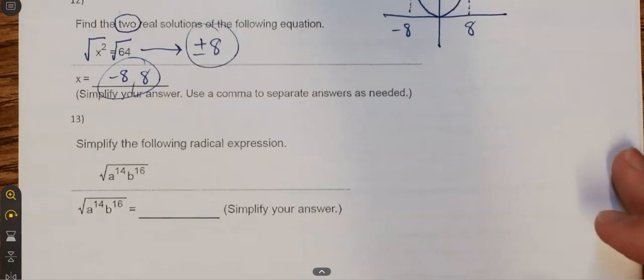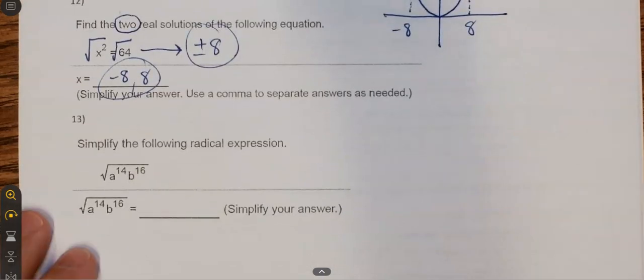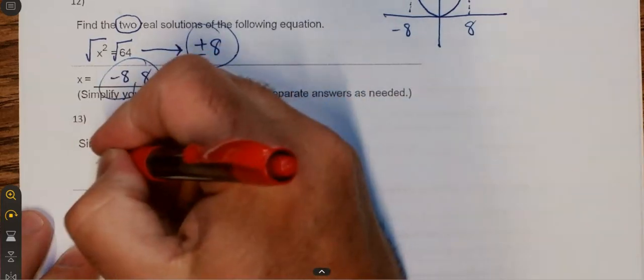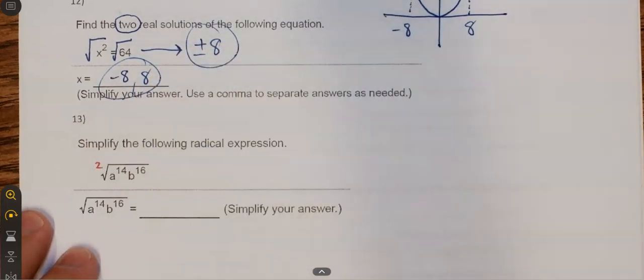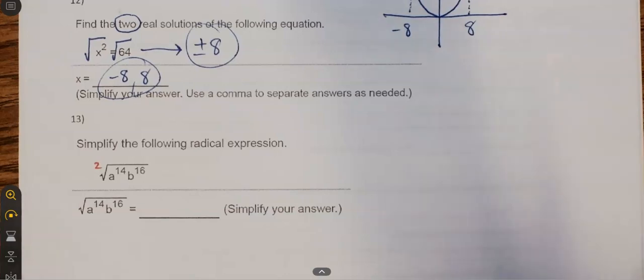Question 13. Might I remind you the index on a square root is a 2, just in case you forgot. So, much like question 11, do we need to split this up into perfects with extras?